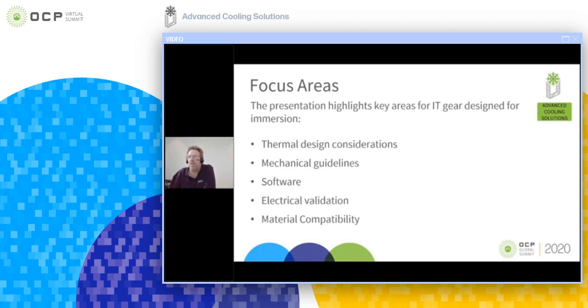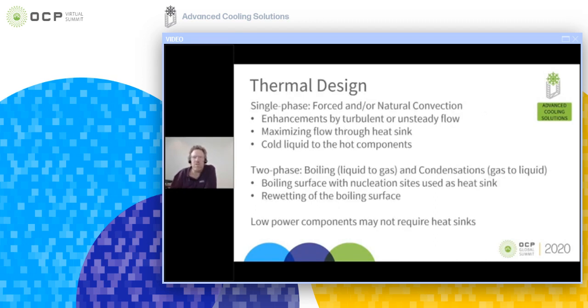Keeping these areas in mind when designing IT gear will allow you to increase the potential performance and all the promises of immersion technology towards the future.